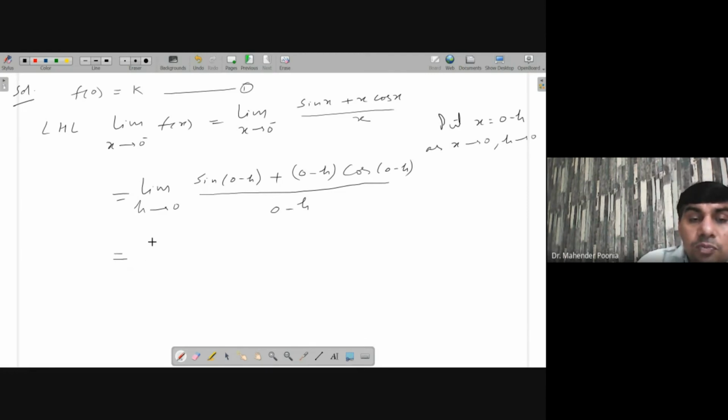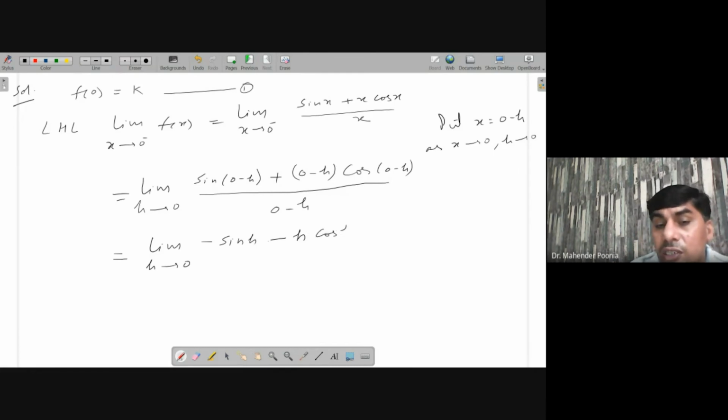Which is equal to limit h tends to 0 sin(0 minus h). What will be the value of sin(0 minus h)? We discussed in the previous semester in the trigonometric part that sin(0 minus theta) is equal to minus sin theta. That means minus sin h, plus (0 minus h) is minus h into cos(0 minus theta) is cos theta.